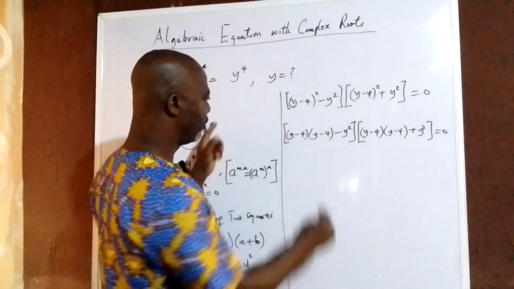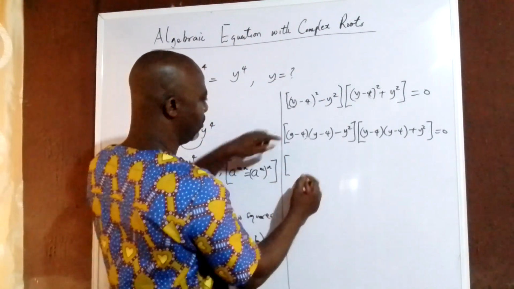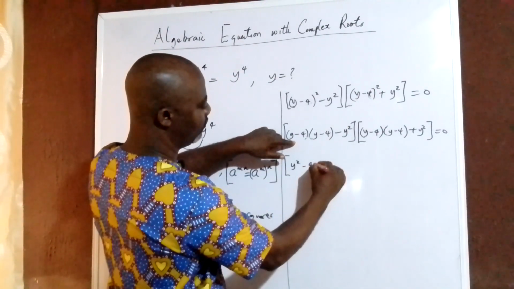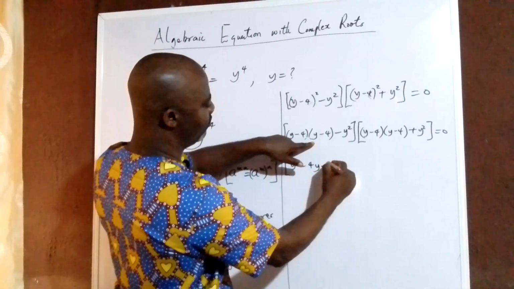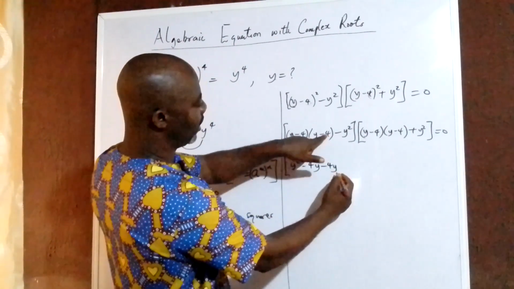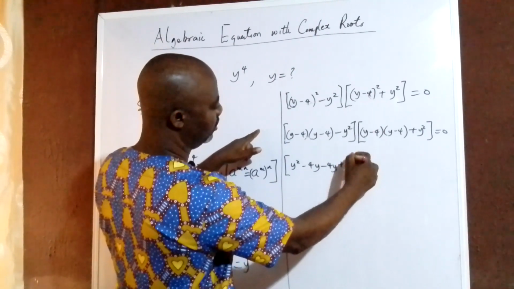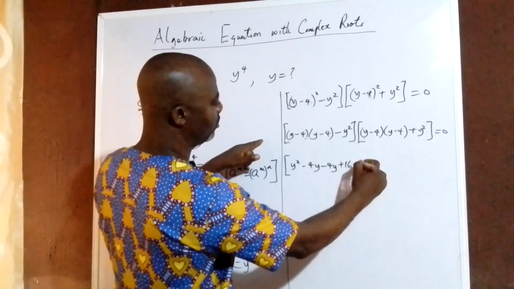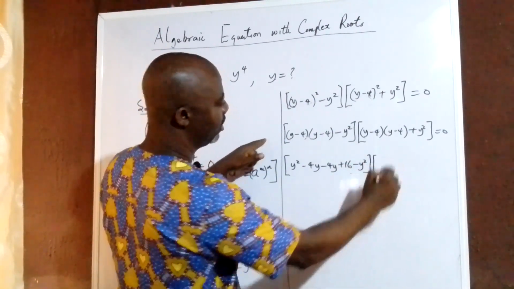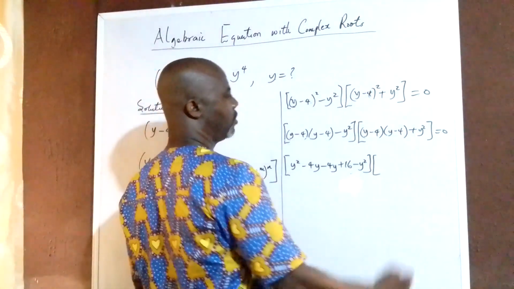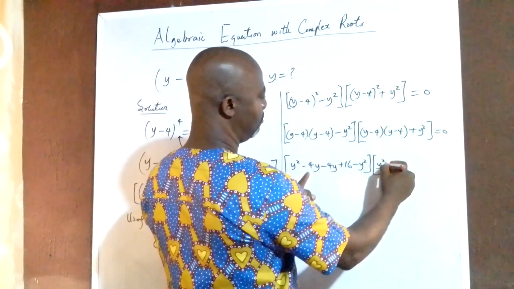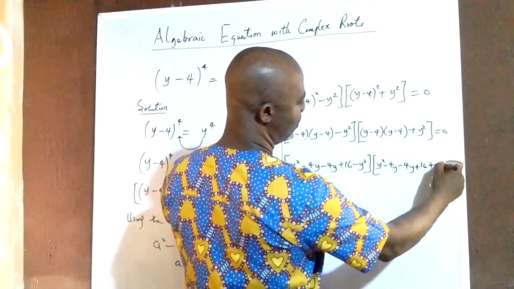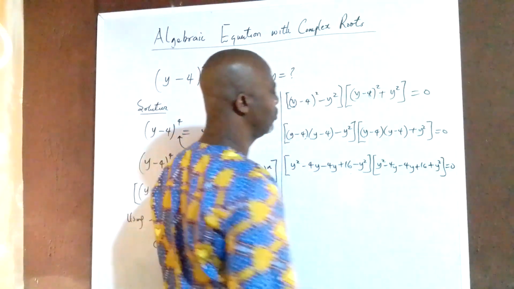On opening up these brackets, y multiplied by y will be y squared, y multiplied by minus 4 will be minus 4y, minus 4 times y will be minus 4y, and then minus 4 times minus 4 will be plus 16. I'll close that bracket, and I'm going to write minus y squared, then close the bracket, and do the same thing to the second bracket. So we have y squared minus 4y, then minus 4y plus 16 plus y squared, and then close the bracket equal to 0.